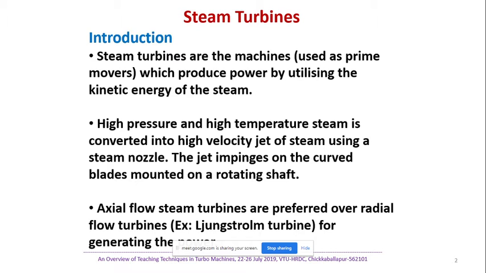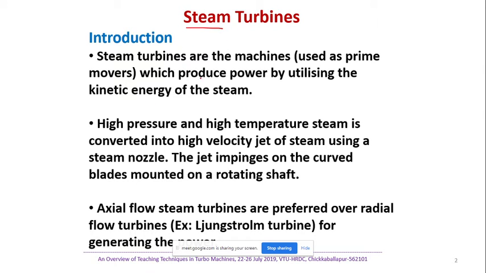So we are going through the third module, steam turbines, and the basics of this I have already explained a little in the second module. Here, why are we saying it is a steam turbine? Because the working fluid of the turbine is steam.